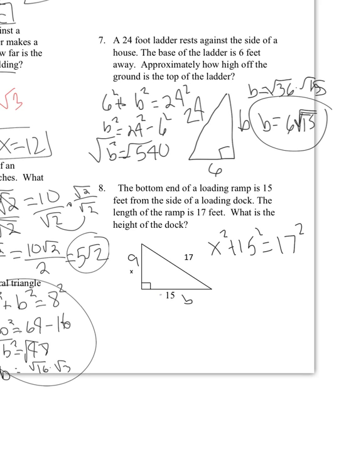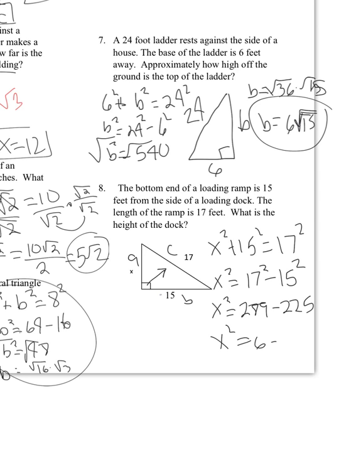Again, a and b can be mixed up, but that longest side has to be c, across from the 90-degree angle. Again, you're going to subtract. You're going to get 17 squared minus 15 squared. X squared equals 289 minus 225, which is 64. X is 8. And that's it.